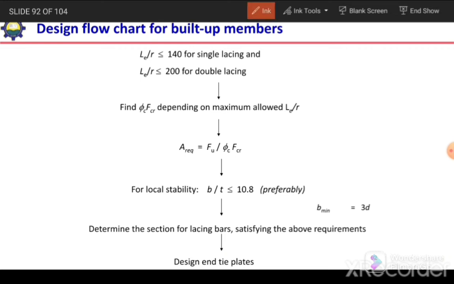Okay, after satisfying this expression, we need to check the slenderness ratio of the lacing element, meaning LE over R, where R is the radius of gyration of the section.